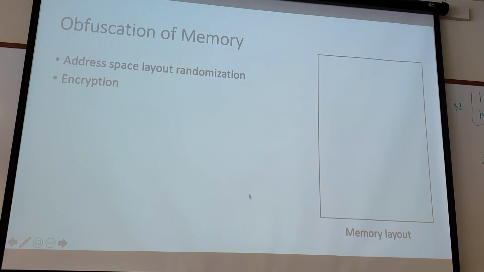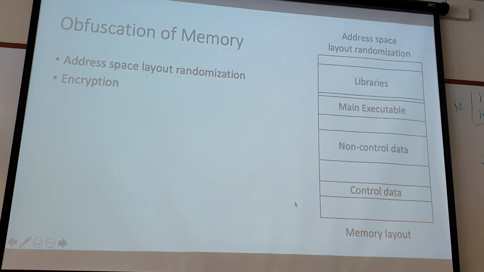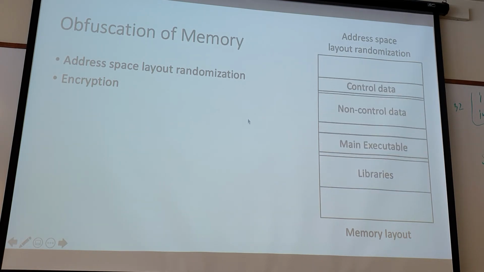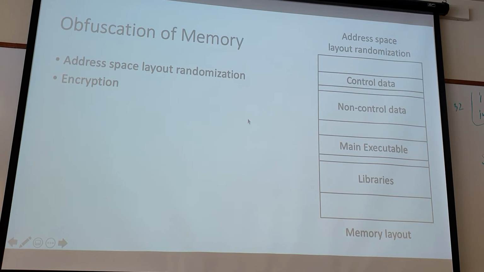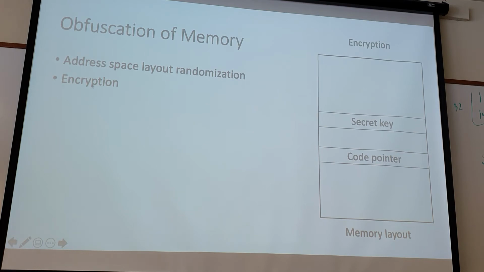Comparing the approaches, address space layout randomization shuffles the locations of the components. So it may take time for outside adversaries to find out where all the components are, because without knowing the location of the components, they cannot start any attacks. Contrastingly, the encryption-based approach prepares a secret key and encrypts the code pointers.